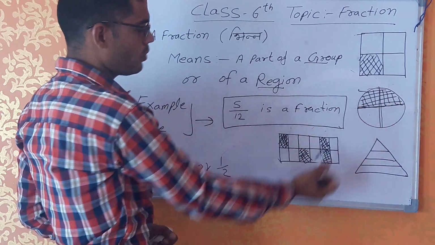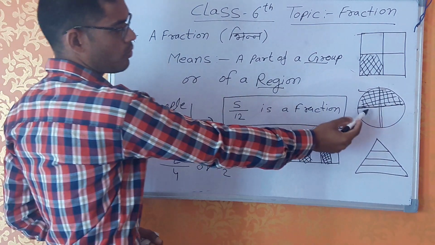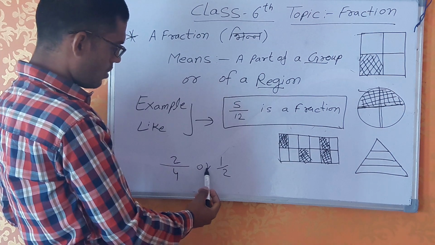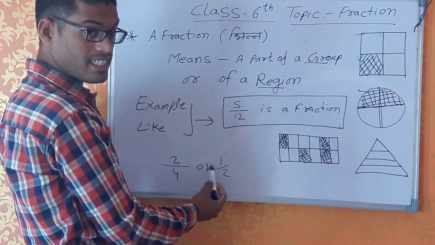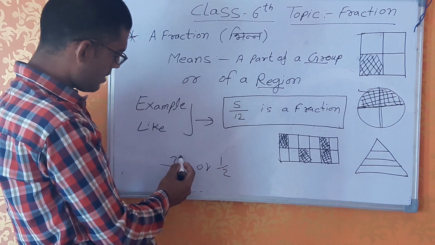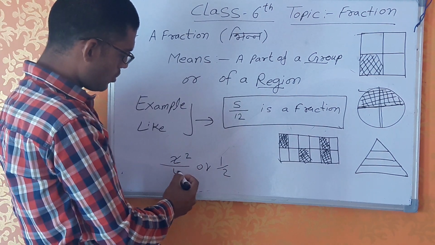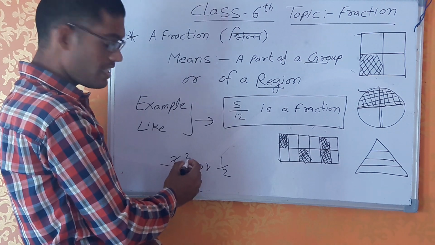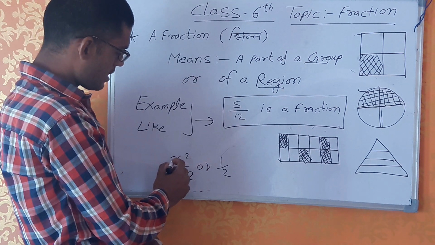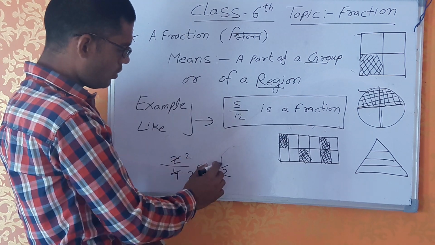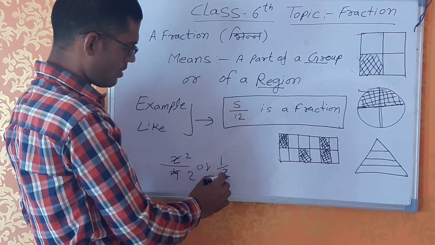The shaded area is 2, total parts 4, or 1 by 2. We write it as 1 by 2. Why? Because it is divided equally: cut 2 by 2, 2 ones are 2, 2 twos are 4.